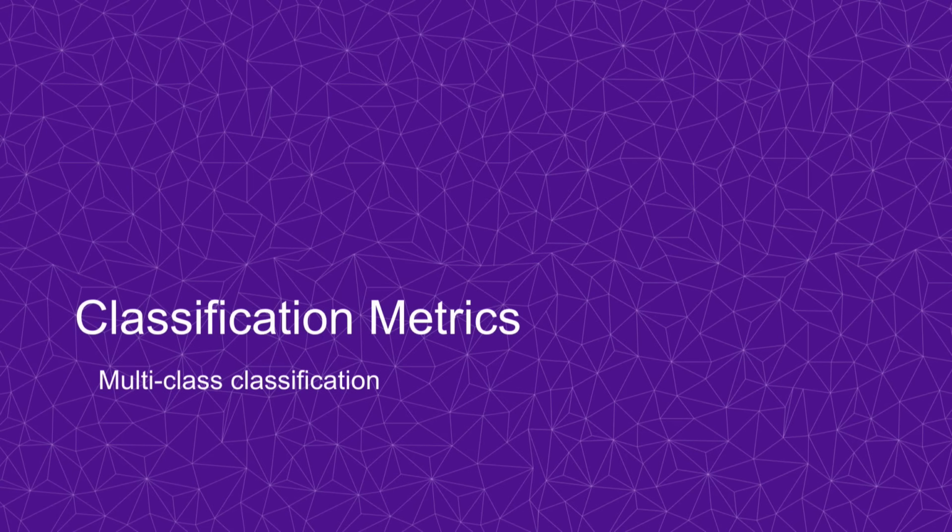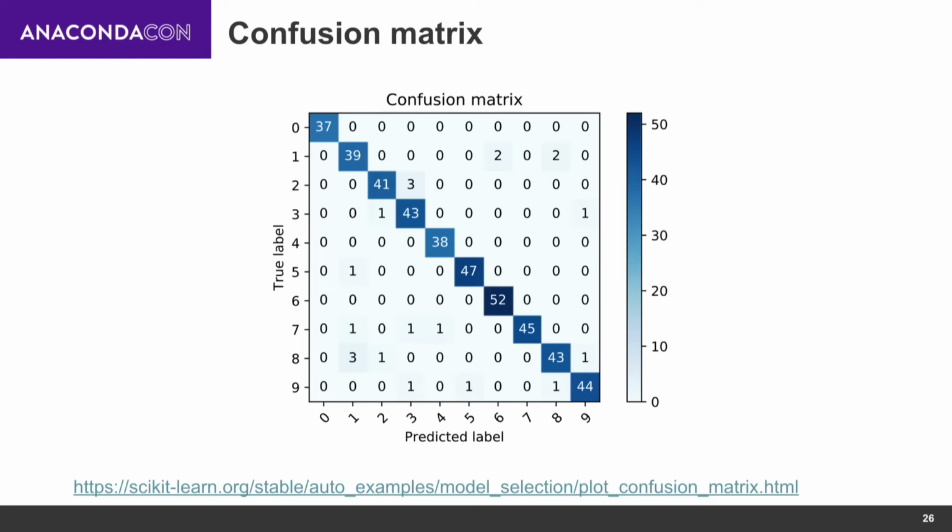So we've talked about some metrics for binary problems, and let's see how they can be extended to multi-class classification problems. You can plot a confusion matrix for a multi-class problem. In this case, it's the digits data set, so handwritten numbers 0 to 9 and the classes that they represent.